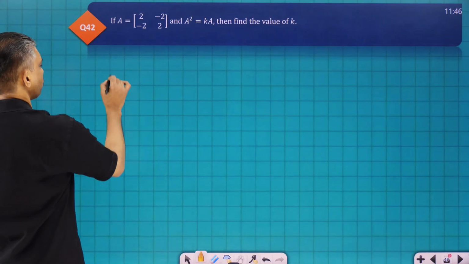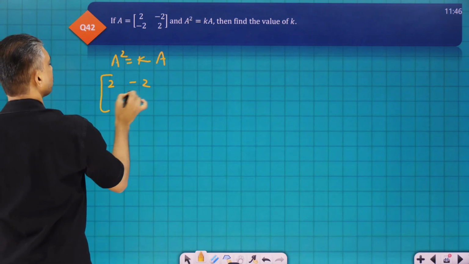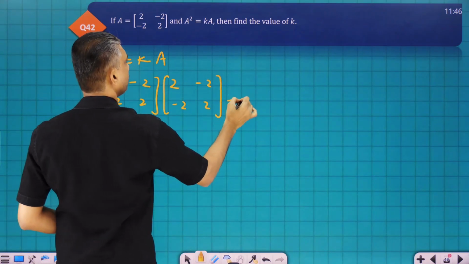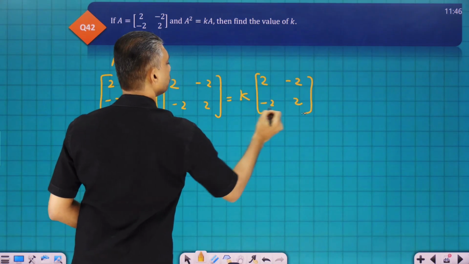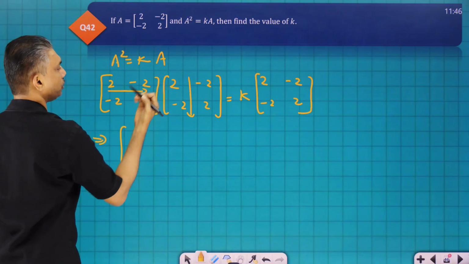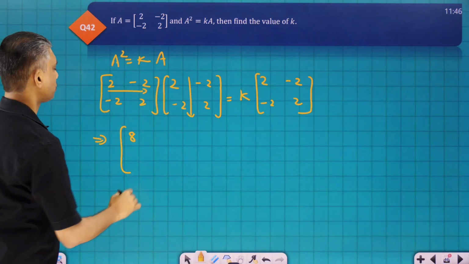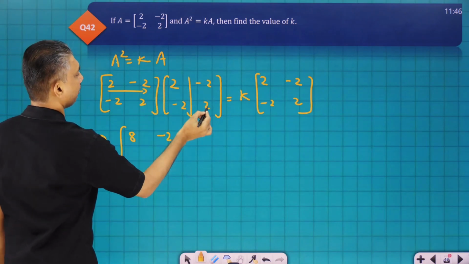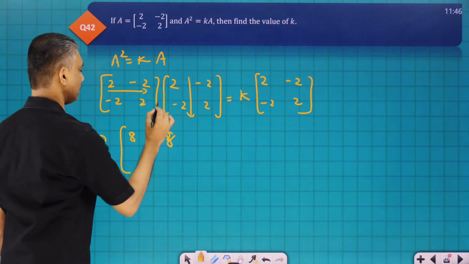Very simple question. A square is equal to kA. That is [2, minus 2; minus 2, 2] into [2, minus 2; minus 2, 2] equal to k into [2, minus 2; minus 2, 2]. If you multiply, first row, first column: 2 into 2, 4, 4 plus 4, 8. Then 2 into minus 2, minus 2 into minus 2, minus 4, so minus 4 minus 4 is minus 8.